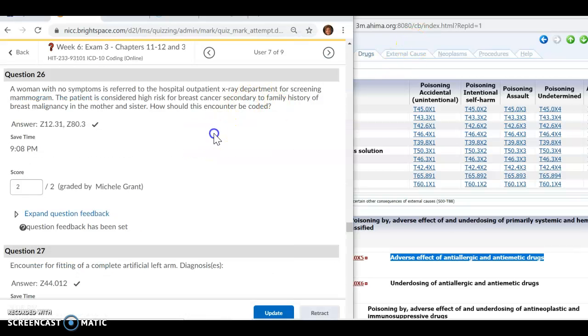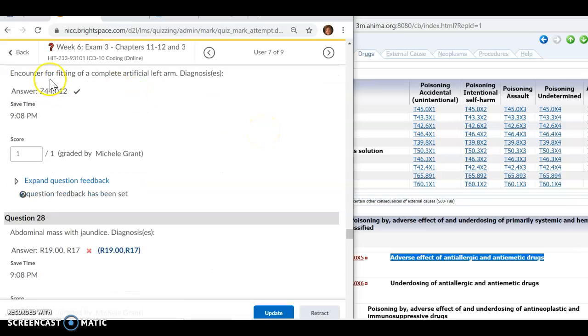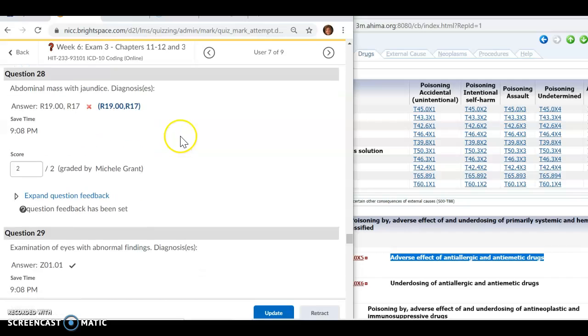Okay, so the next one here, we have a person who came in for the hospital outpatient for screening. High risk for breast cancer secondary to family history. So this one here, I'm going to have a screening code and then a history code. Everyone did fairly well on that. Same thing with this artificial fitting. That was done well.